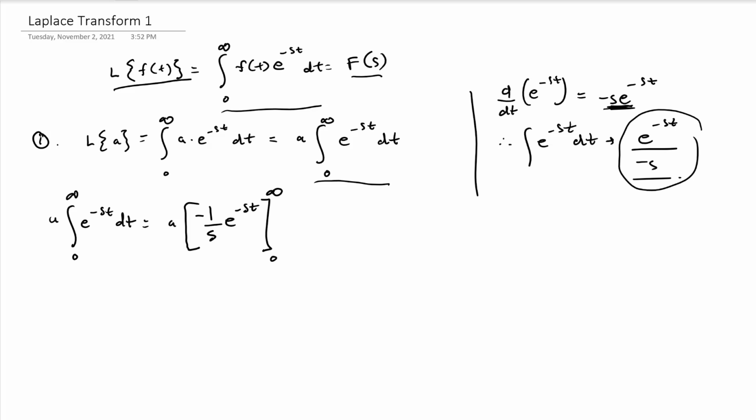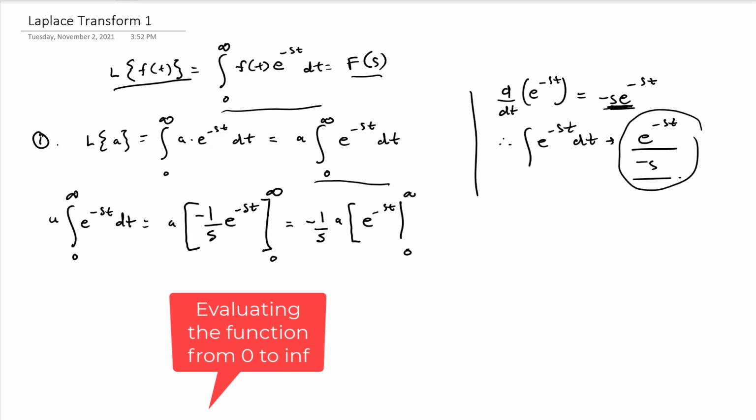Now, to simplify things, we can pull out the minus 1 over s and the a, and we're left with evaluating this integral from 0 to infinity here.